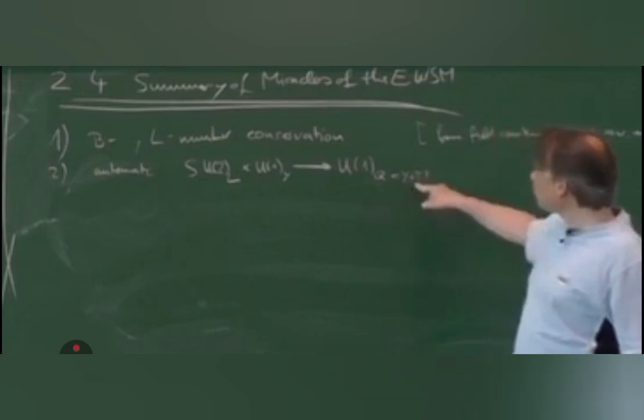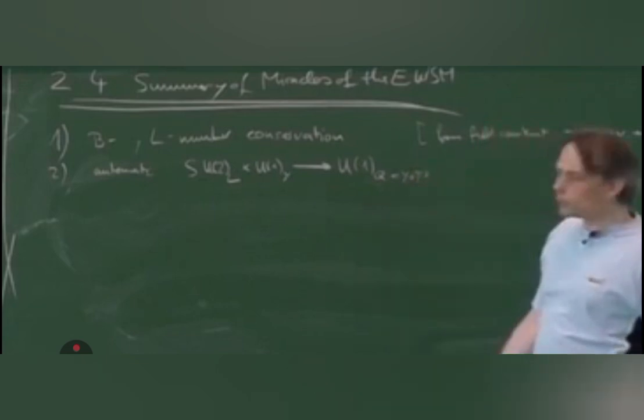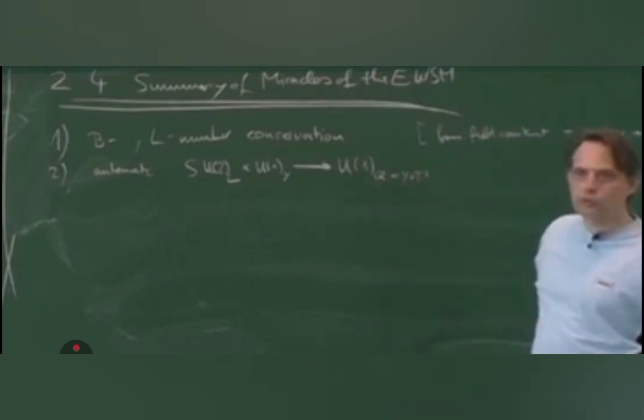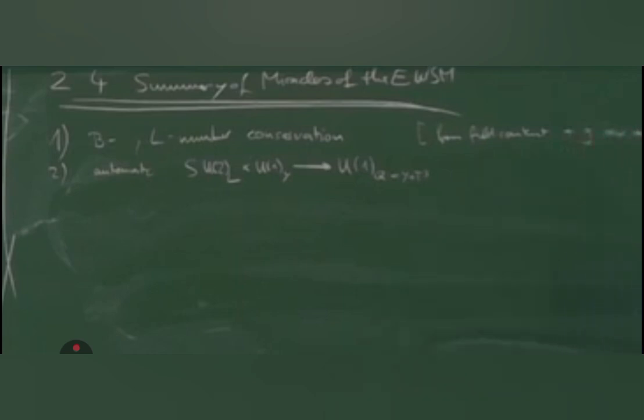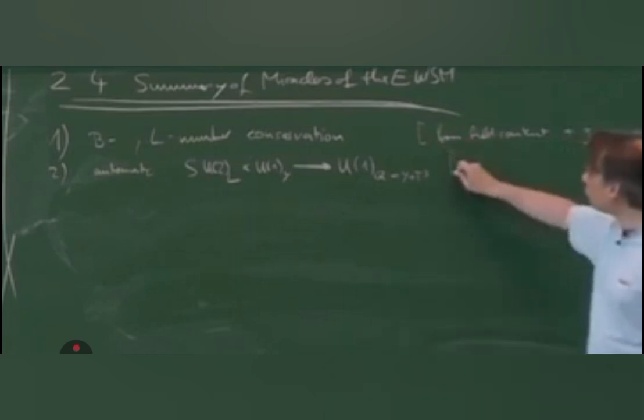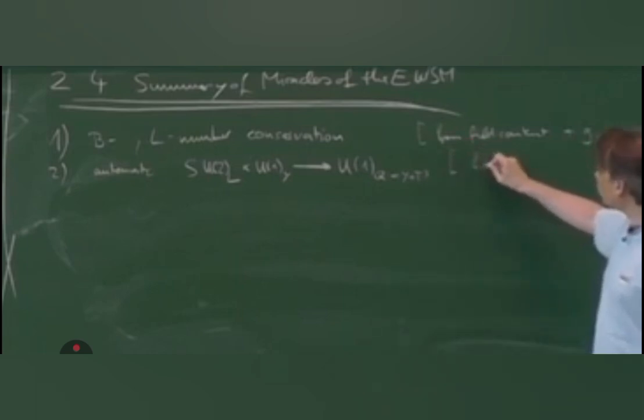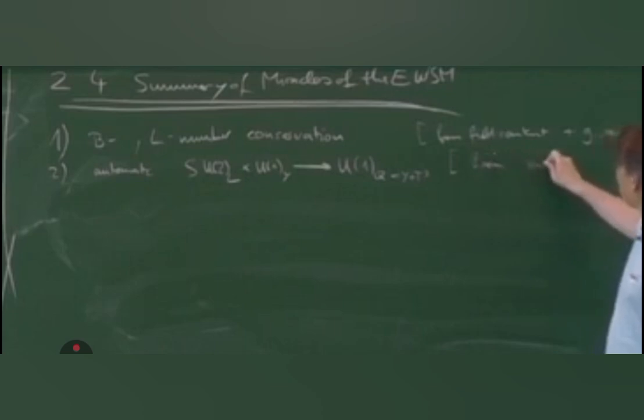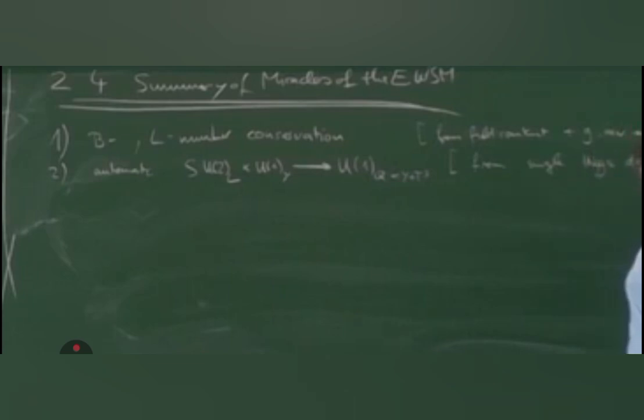And this is just our choice, but it is automatic that there must be such a linear combination which remains unbroken. And that followed from one single Higgs doublet with hypercharge equal to 1/2.